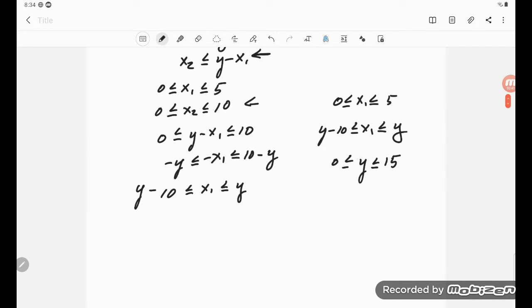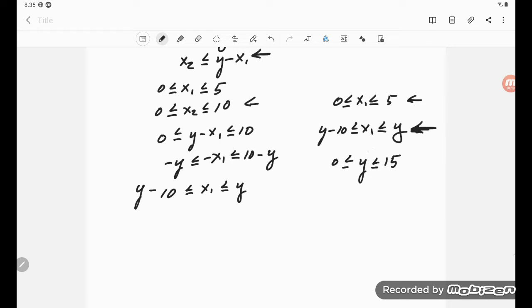So putting those all together, what does that mean? Well, x1 needs to be greater than or equal to 0. And if y is 0, and we look at this other inequality here, we've got no problem on the left-hand side with x1, because we've got negative 10, and the inequality up here says 0.